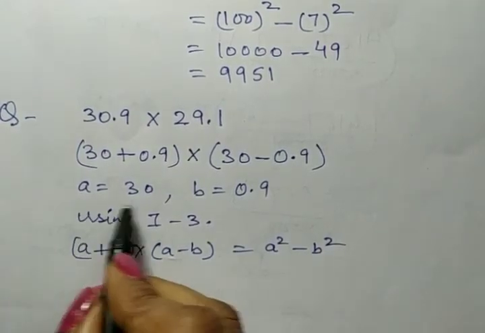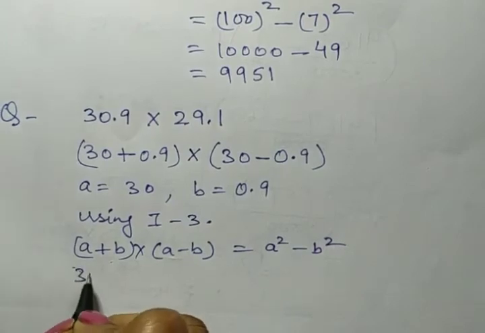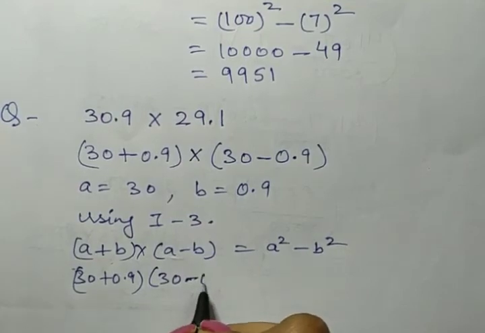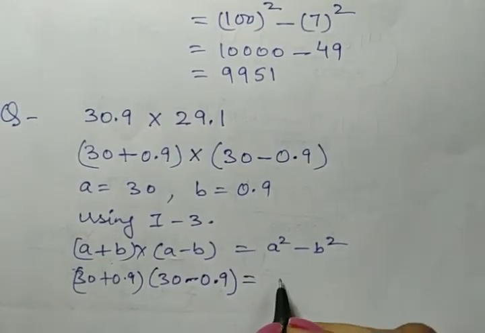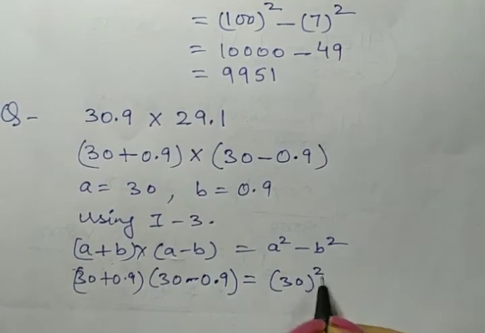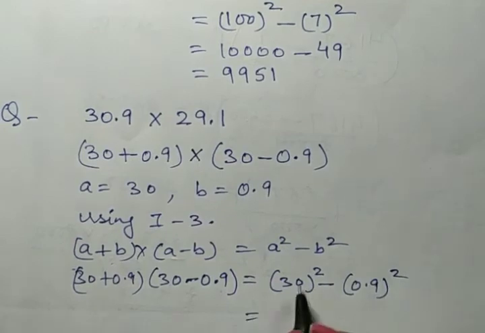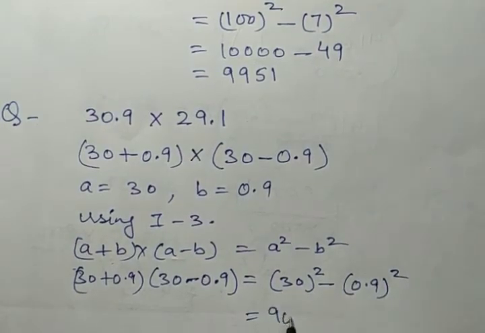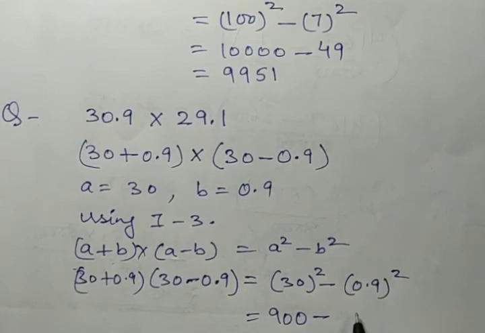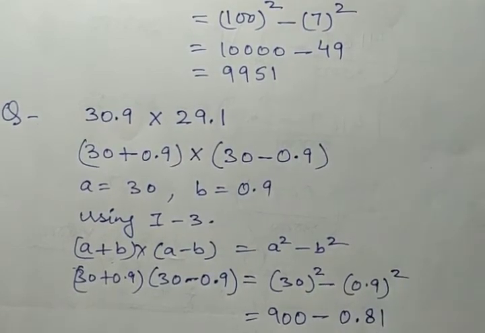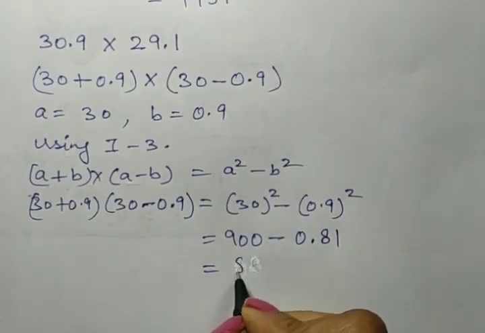Put the values of A and B in this, that is 30 plus 0.9 multiplied by 30 minus 0.9, that is square of 30 minus square of 0.9. Square of 30, that is 900, as 3 3s are 9 and place 2 zeros after 9, minus square of 0.9, that is 0.81.